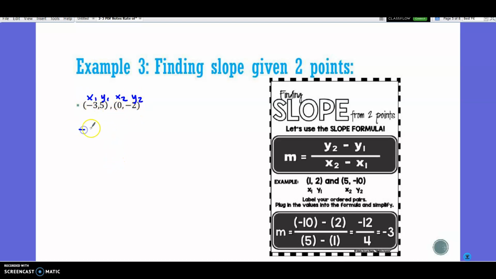But I'm just going to plug it into my formula. Negative 2 minus 5 over 0 minus negative 3. And then simplify. So this would be a negative 7 over, this would be a positive 3. So my slope is negative 7/3.